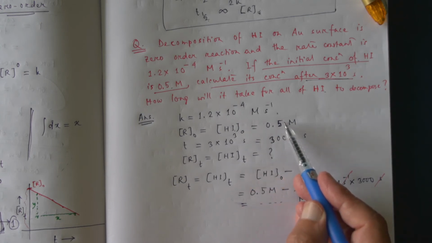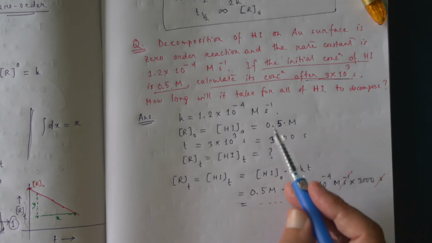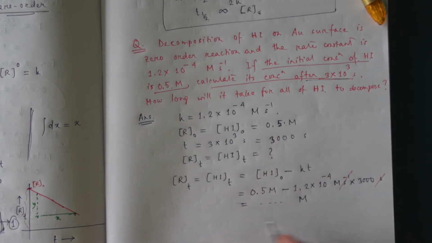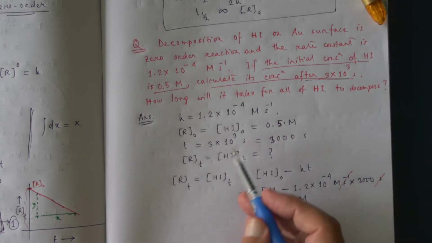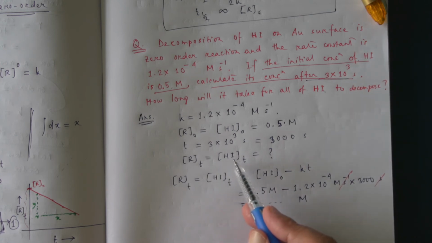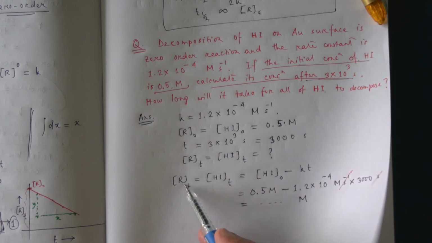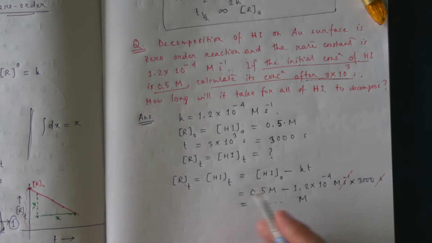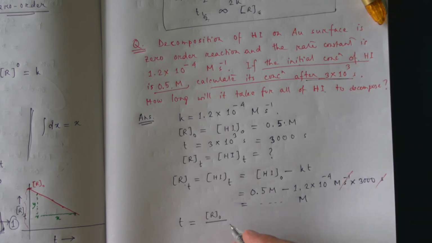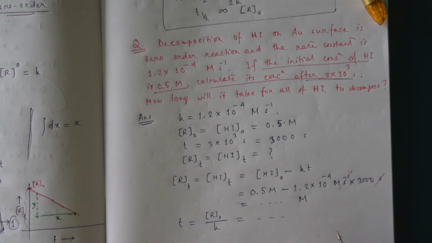So this will become 0, so R t will become 0. Then your solution will be this. This will be R naught by K, and just simplify, you will get the answer. Just put the values and simplify.